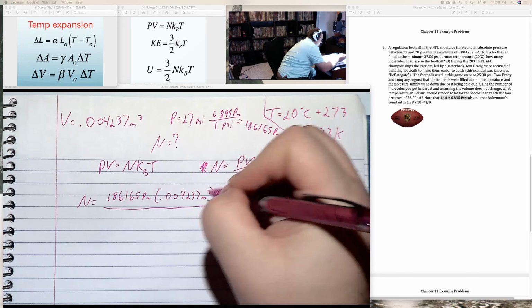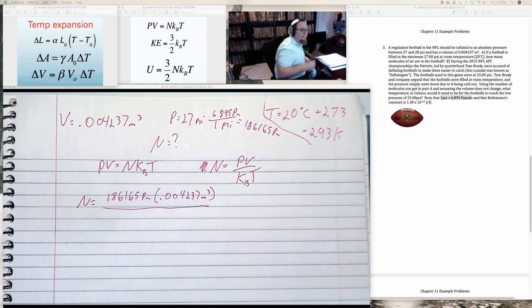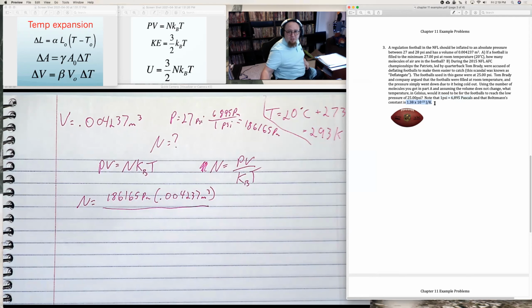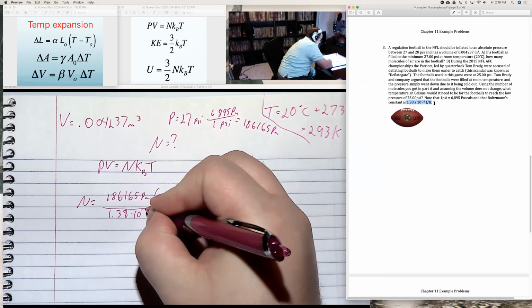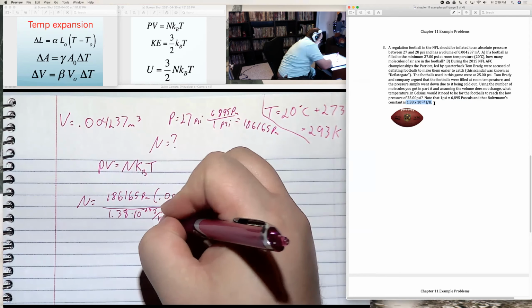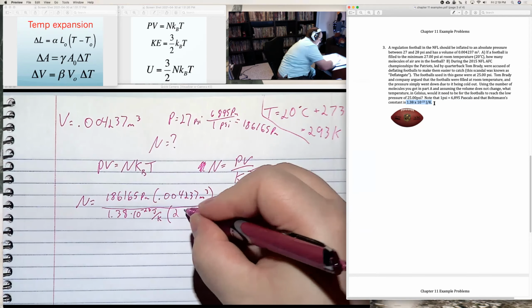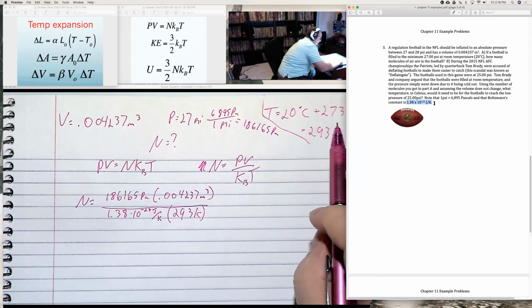PV over k. Now k is Boltzmann's constant. I wrote it right down on this page. That Boltzmann's constant is right there, times my temperature, which, as we were just saying, has to be in Kelvin.